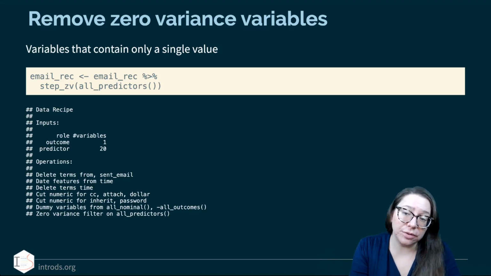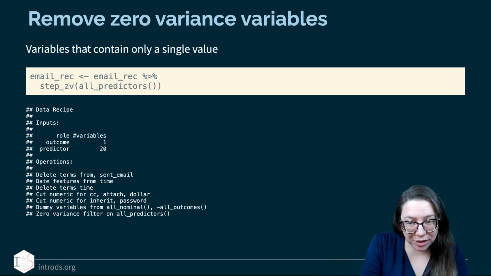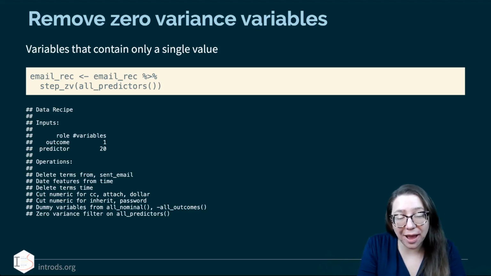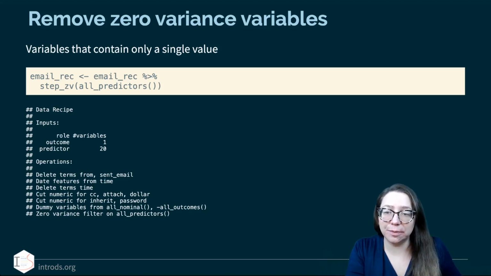Also note that we don't get to look at our testing data, so we're only looking at our training data, but whatever steps we have, we want to be able to apply to both. So we want a way of removing these variables without us having to do the digging. And that is this recipe step, step_zv, for zero variance. These are variables that contain only a single value.